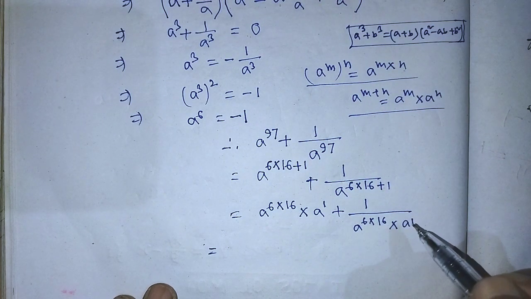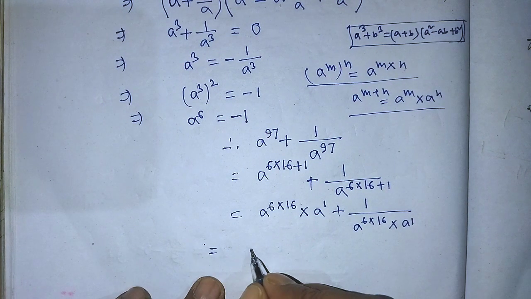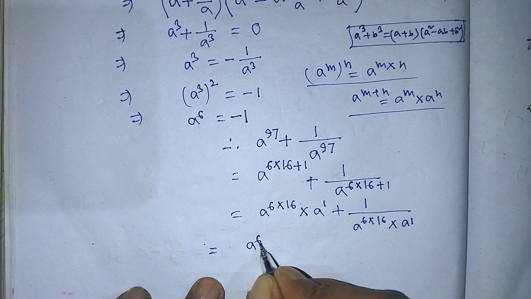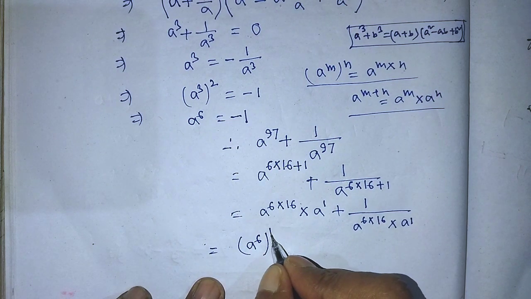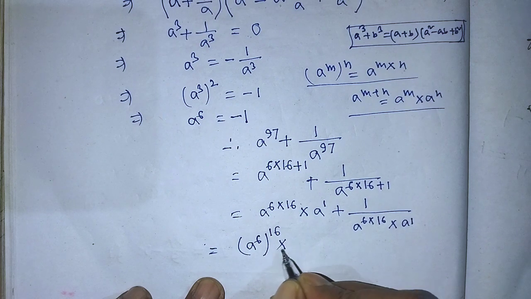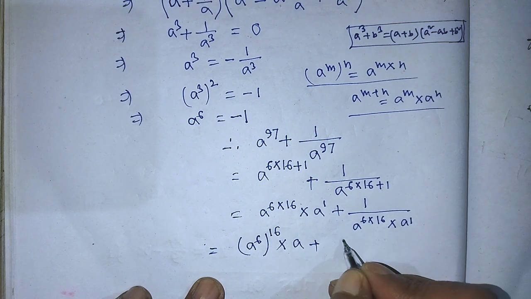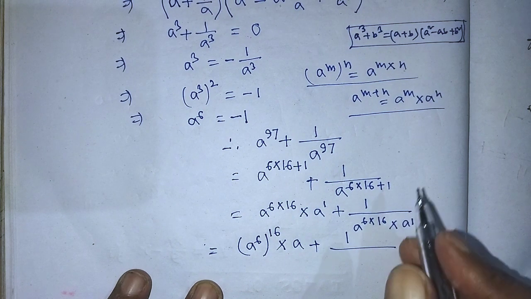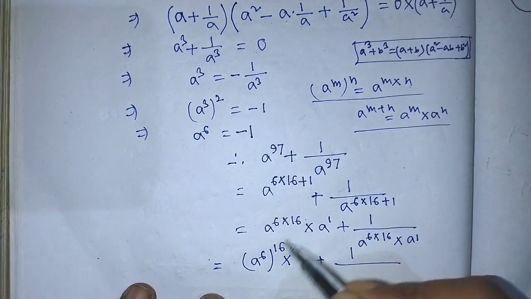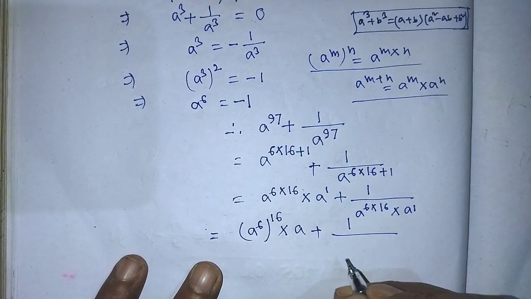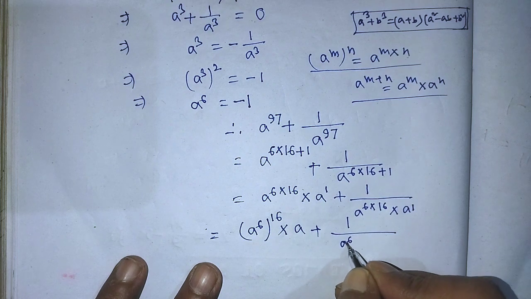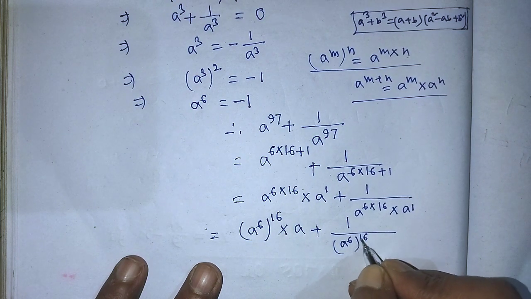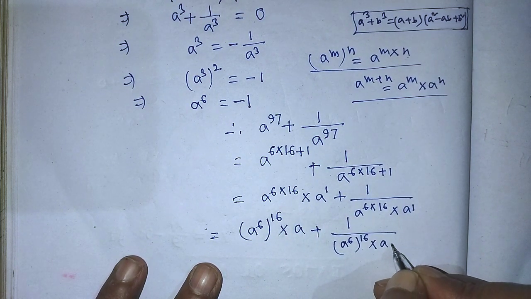We can write from this algebraic expression a to the power 6 whole to the power 16 into a, plus 1 over a to the power 6 whole to the power 16 into a to the power 1, that is a.